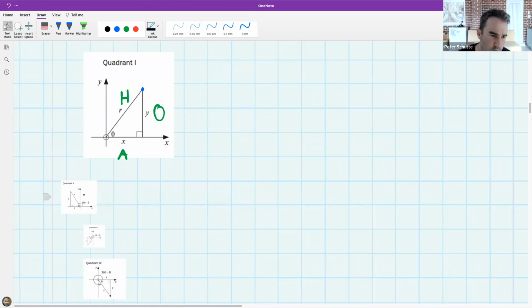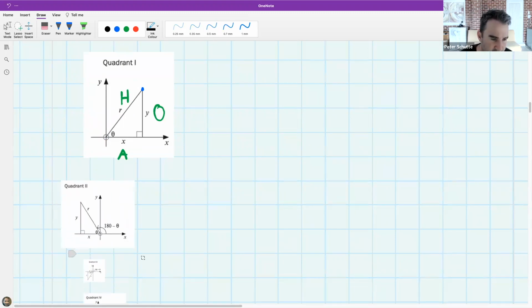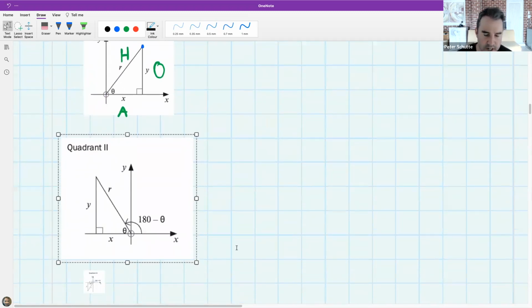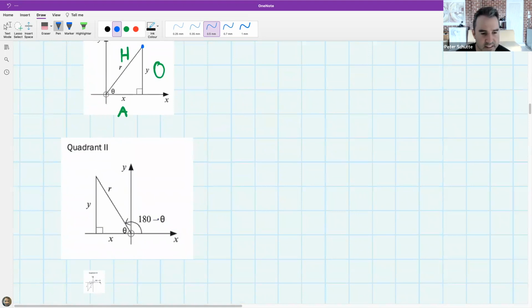Just to show you why this works like it does, here is quadrant number 2. In quadrant 2, your generating angle is 180 minus theta, but the angle inside your triangle will actually just be theta. That's why when we use the reduction formula, we can just grab that small little piece out of it, because the triangle is actually being formed not by the full angle, but just by the little bit over here.